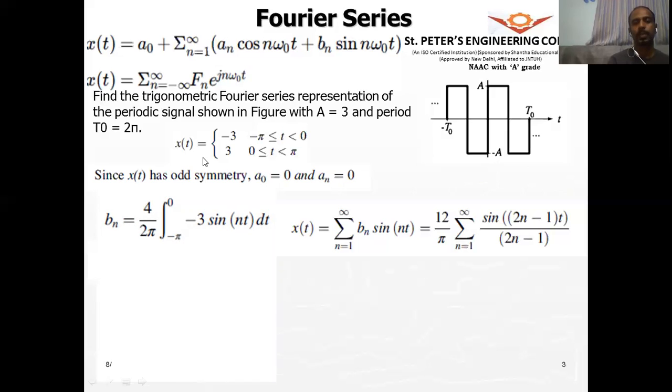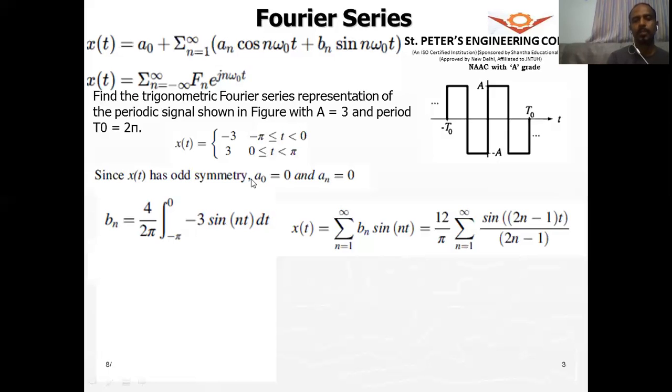Okay, so this will be equal to 4 by 2 pi, and we have to integrate it over the period, so minus pi to 0, of minus 3 sine nt dt.